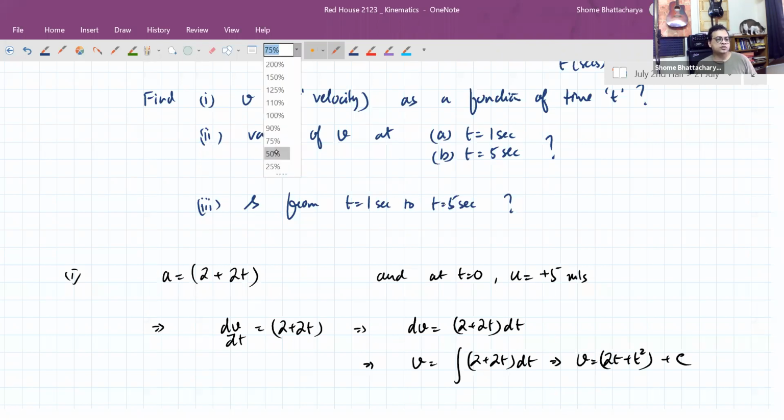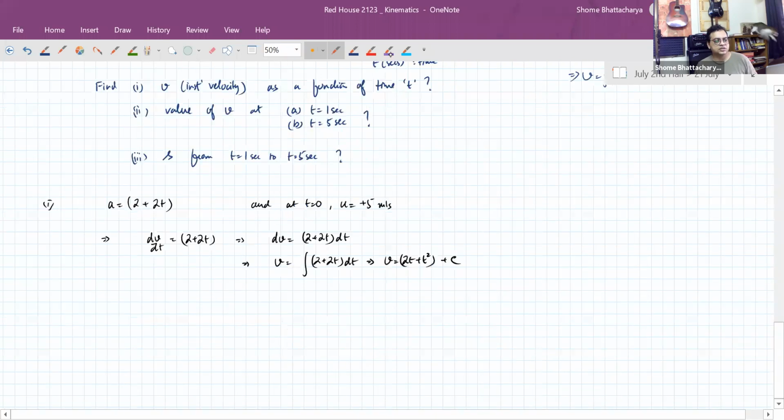Now, how will we remove the constant of integration? We don't know it, so we'll use the given condition: at t equal to 0, our u should be equal to plus 5. So 5 should be equal to 0 plus c. That means the value of the constant is 5. So the complete answer is that v as a function of time is 5 plus 2t plus t square.